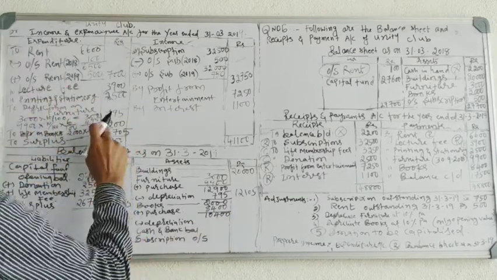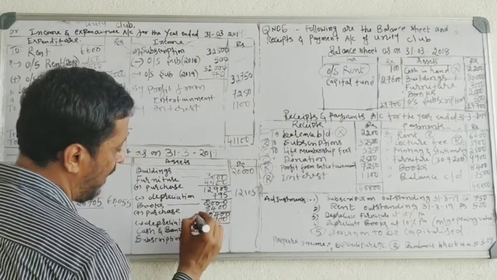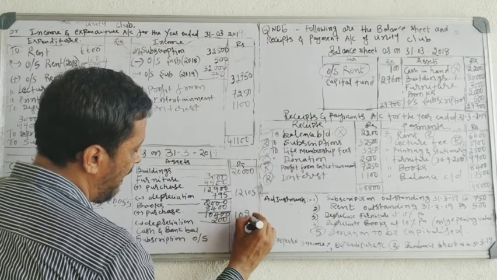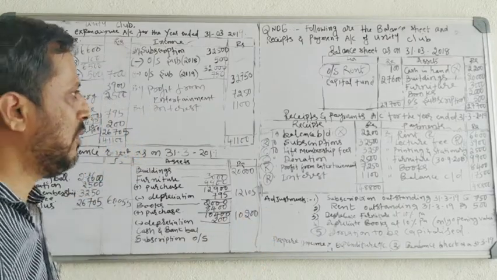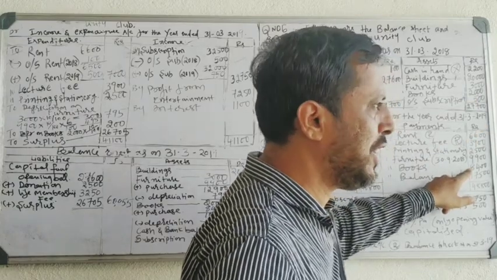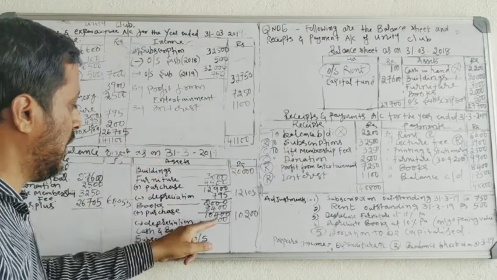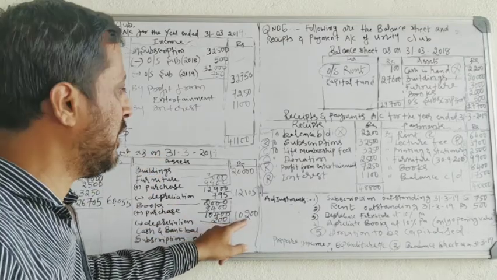Less depreciation 200. So 10,200 is the closing value of the books.